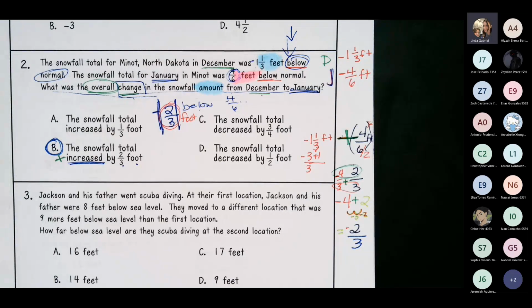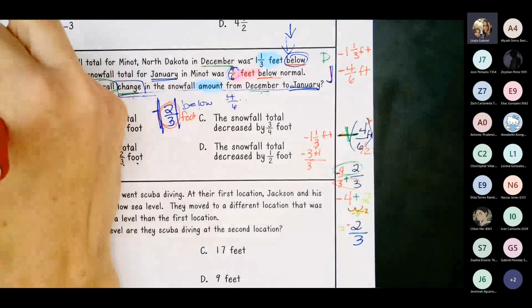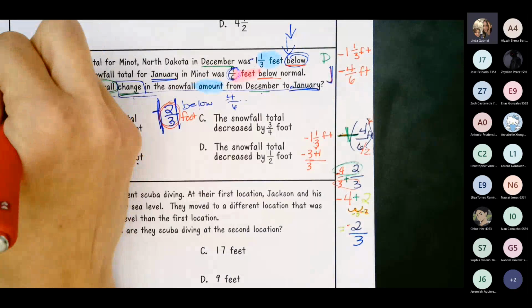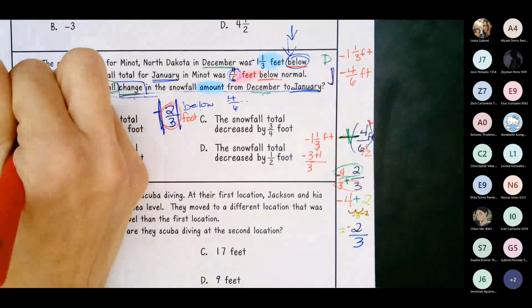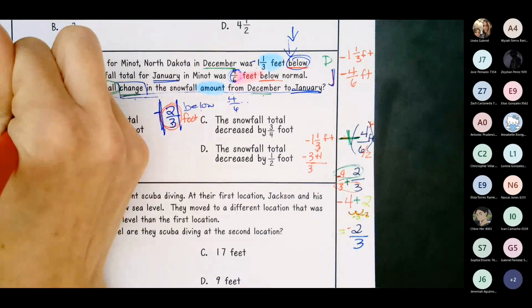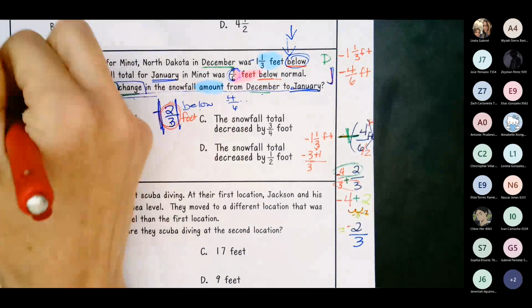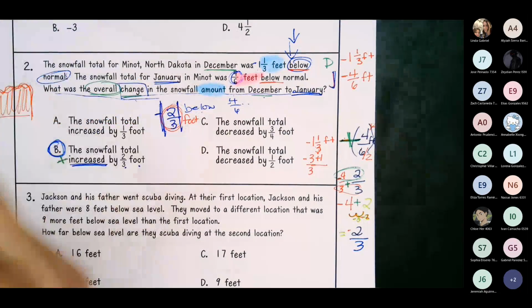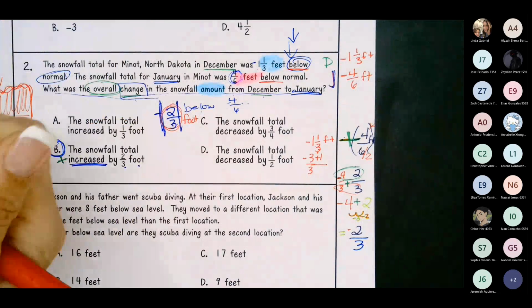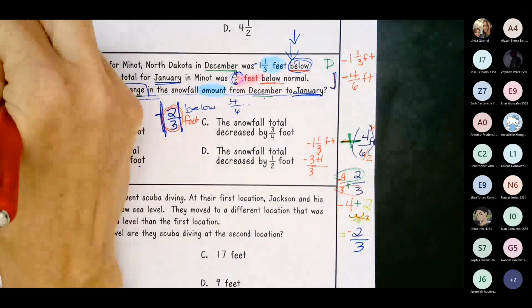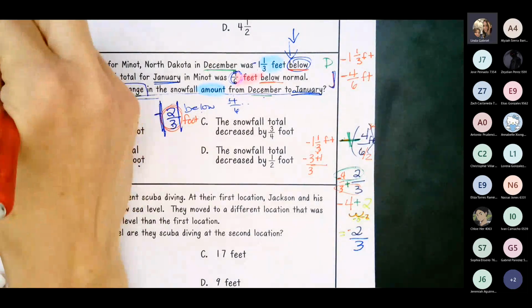Does that make sense, everybody? And Annabelle, I got your point for that negative. I know it seems kind of complex, right? If we think about December, our snowfall was negative, 1/3 low, right?